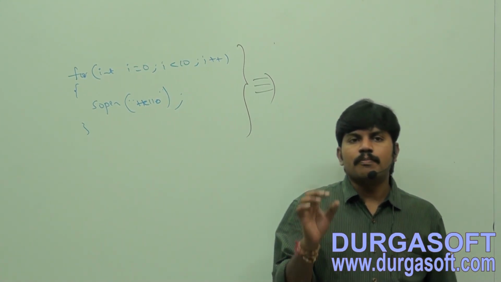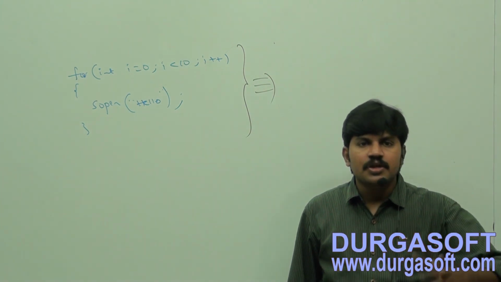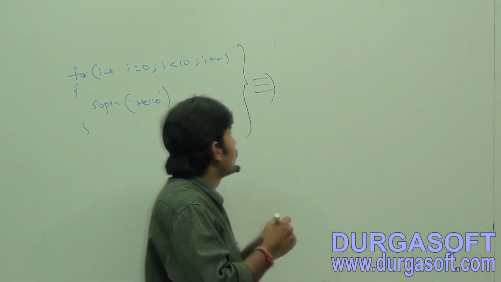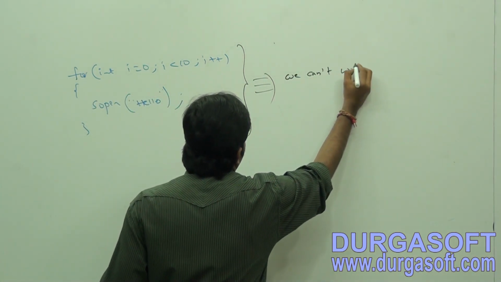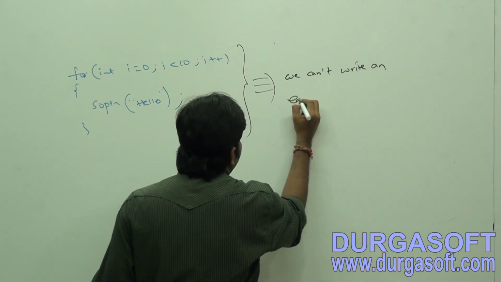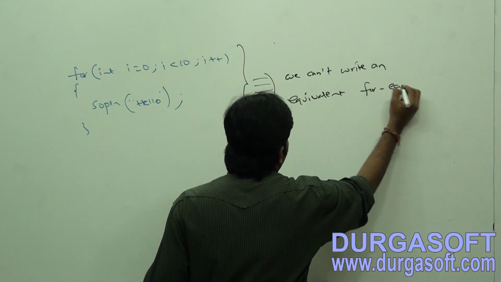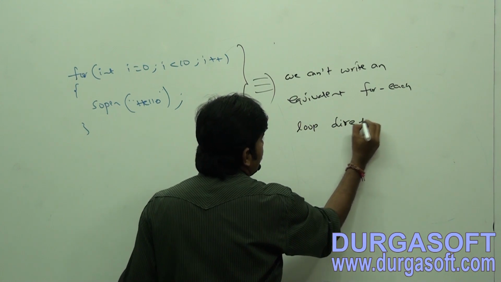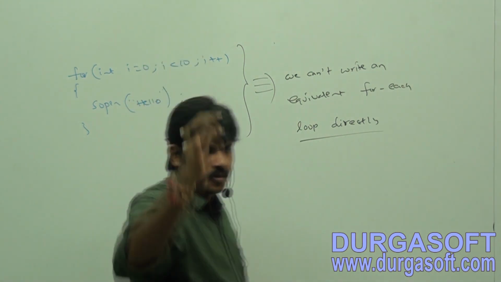For each loop limitation is, it is applicable only for arrays and collections. It is not a general purpose loop. Is it clear for all of you? Right? Now observe, simple word, we can't write an equivalent for each loop directly, there is no such possibility, right? Is it clear at this point?